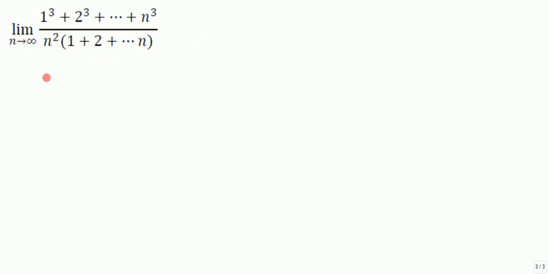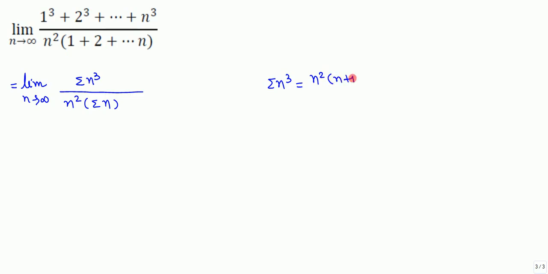Okay, so the question is limit n tends to infinity sigma n cube upon n square into sigma n. And earlier we learned that the formula of sigma n cube is n square n plus 1 whole square divided by 4.